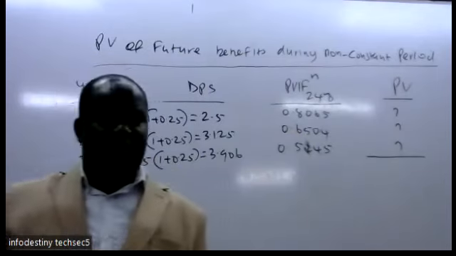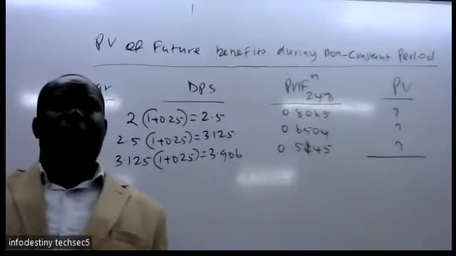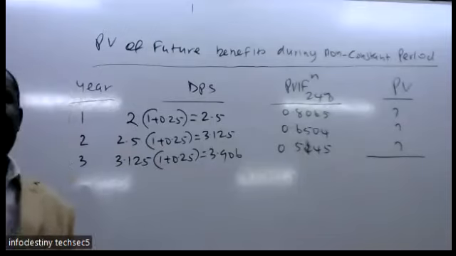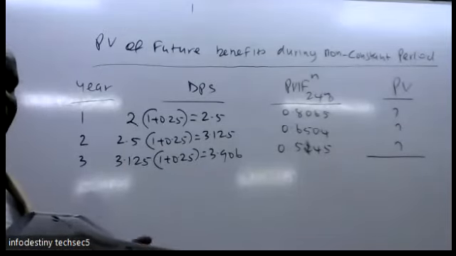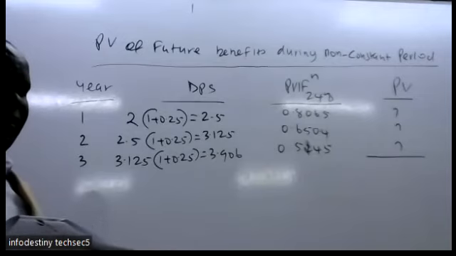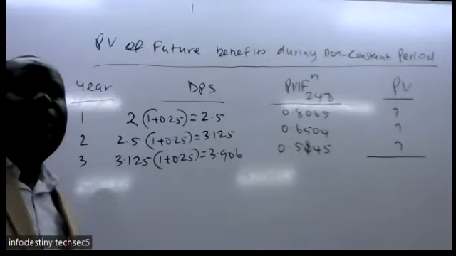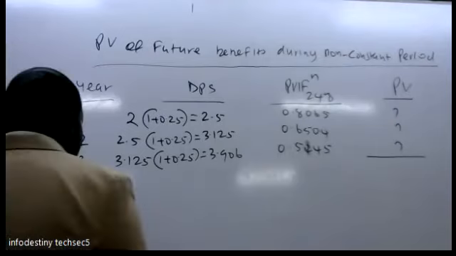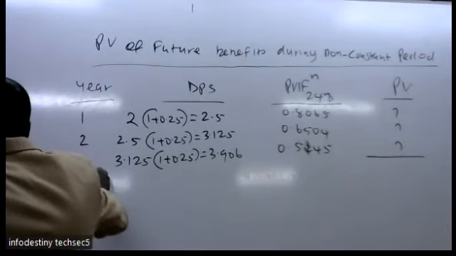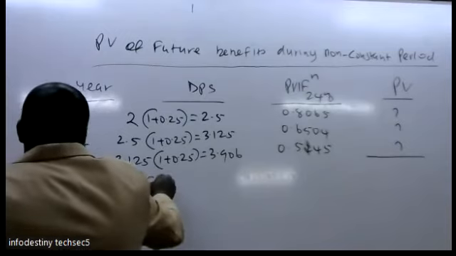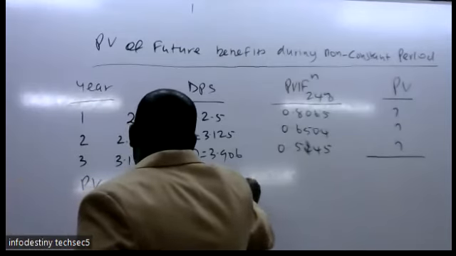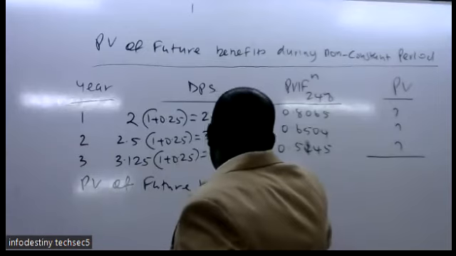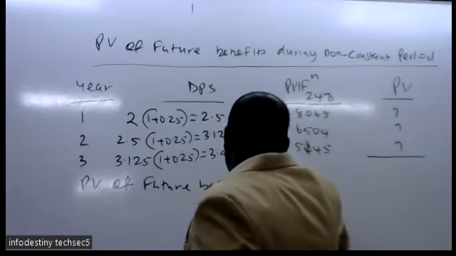So when you go back to note number 1, they then said that thereafter the annual growth rate will revert to the company's growth rate and remain constant each year to perpetuity. So that will be the present value of the future benefits during the constant period.